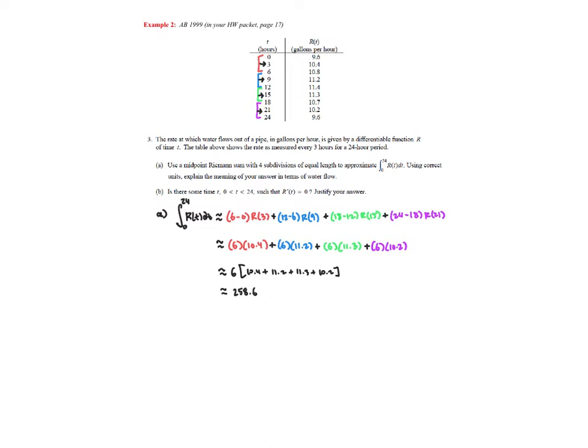Now let's talk about the context of the problem. The rate at which water flows out of the pipe is in gallons per hour. Now when we integrate, this would be the total number of gallons that came out of the pipe. So this would be our answer in gallons.